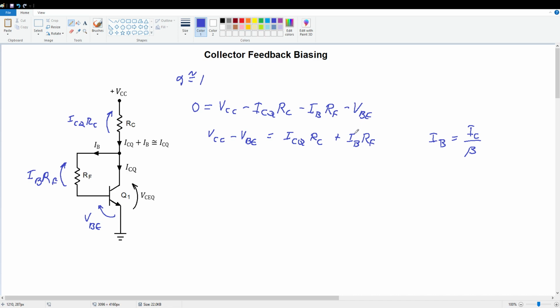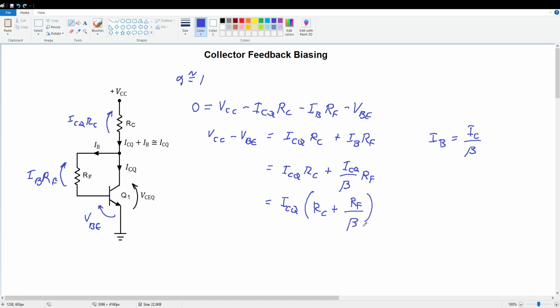If I make that substitution, I get ICQ times RC plus IC over beta times RF. If I factor ICQ out of these two terms, I end up with ICQ times RC plus RF over beta.